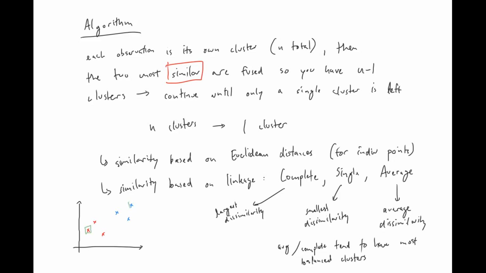If I were to do single, it would take the smallest dissimilarity, and that might be something like this point and this point. And then if I were to do the average, it would take something like the centroid and compare them. Okay. So these different linkages to do this similarity comparison, complete, single, average, can actually result in really, really different clusters. And we're going to see that in just a moment.